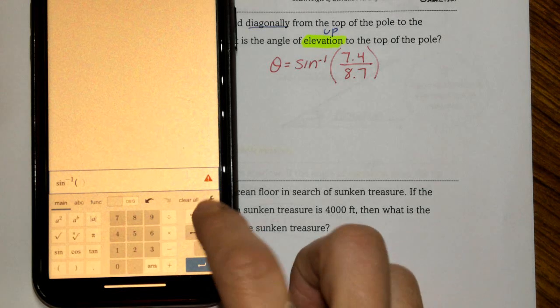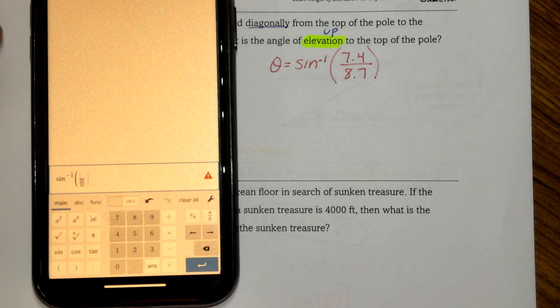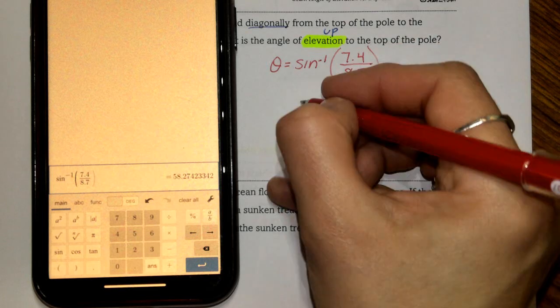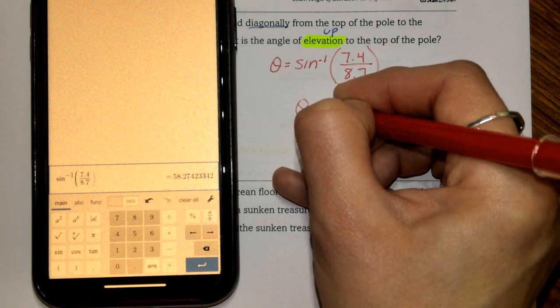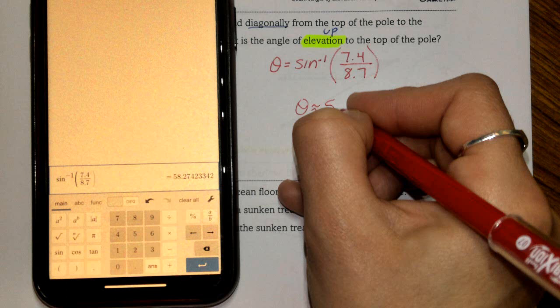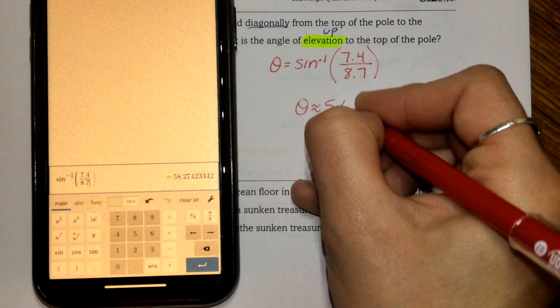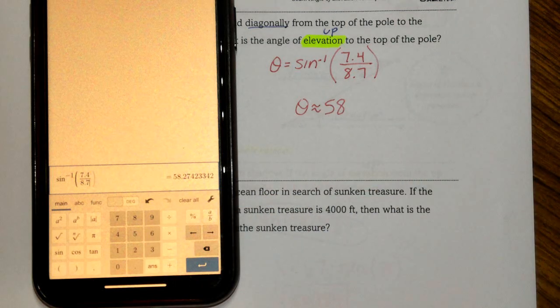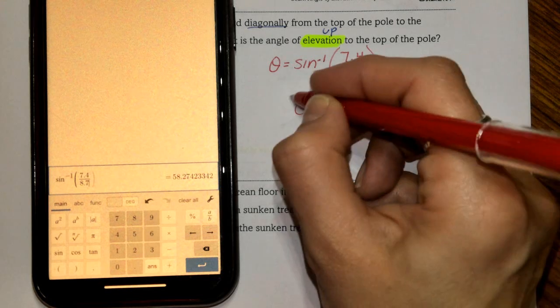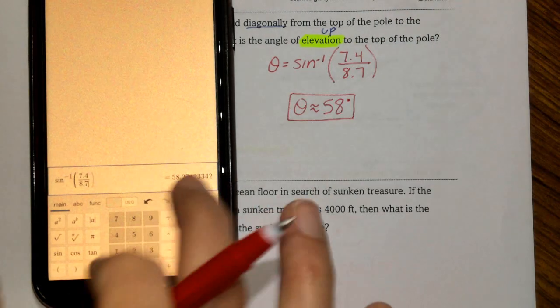We're going to press the a over b fraction function, put 7.4 in the numerator, tap down, if it's going to let me this time, and put 8.7 in the denominator, and there we go. Now, we want the nearest whole number, so theta will be approximately, we have 58.2, so that 2 tells us leave the 8 alone, so approximately 58 degrees.